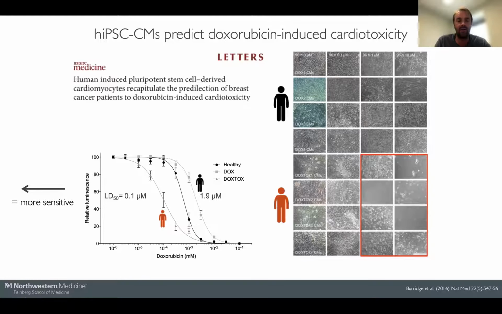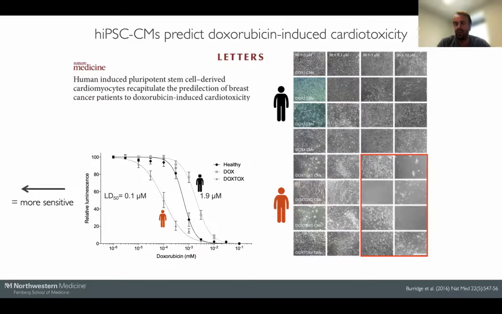So that's patients in this case who didn't have doxorubicin at all, and we don't really know what their phenotype is. On the right here is actually data from the first time we ever did this experiment, showing iPS cell cardiomyocytes from the 4 patients, and as you can see, with increasing doses of doxorubicin, the cells start to die. This was the first time we'd ever shown that these stem cell derived cardiomyocytes accurately recapitulate the patient's individual predisposition to toxicity.